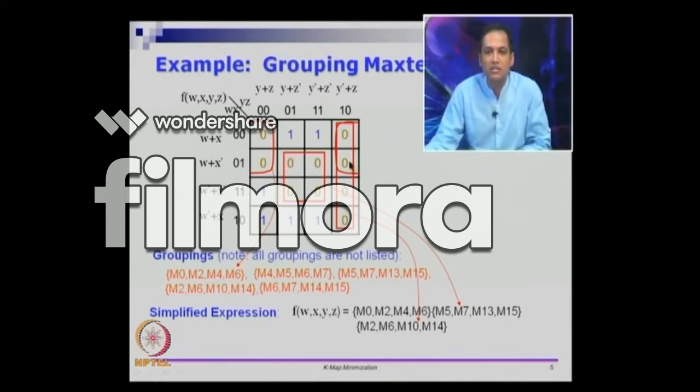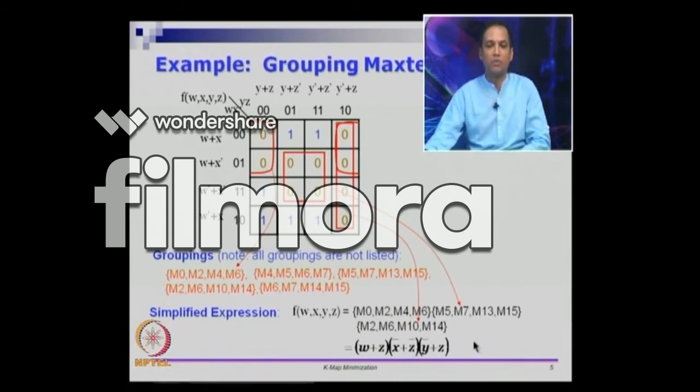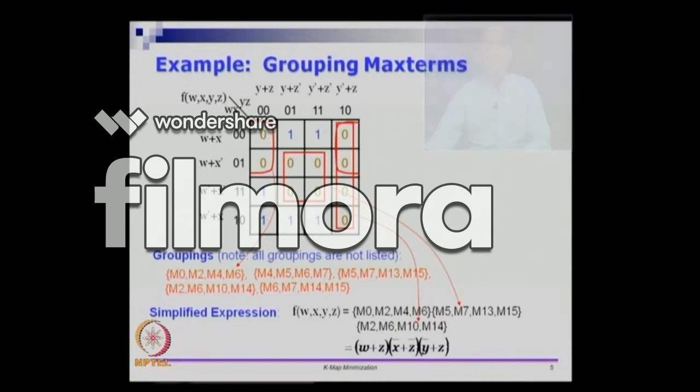Finally the last column here, W and X are continuously changing, but this corresponds to the term Y bar plus Z. So this one is W plus Z, this one is X bar plus Z bar, and this last column is Y bar plus Z. You can write that as a simplified Boolean expression, W plus Z into X bar plus Z bar into Y bar plus Z. So in this example we have grouped the zeros together and we got a product of sums.